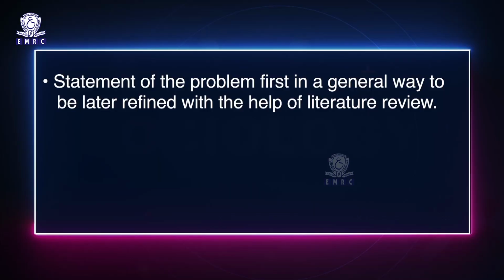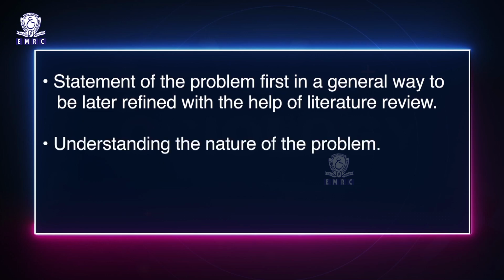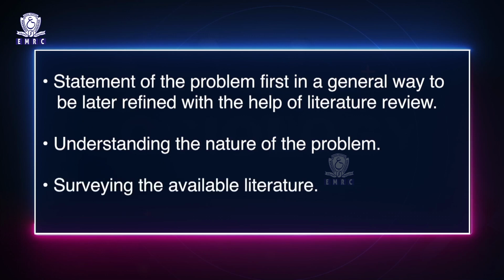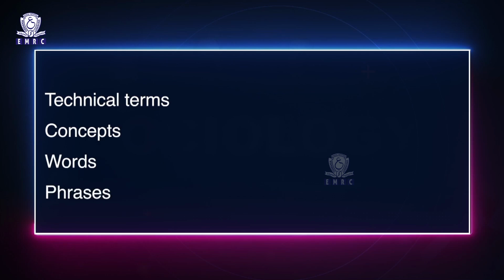The different steps to be followed while defining the research problem are: statement of the problem first in a general way, to be later refined with the help of literature review, understanding the nature of the problem and surveying the available literature. While defining the research problem, technical terms, concepts, words and phrases used should be explicitly defined.